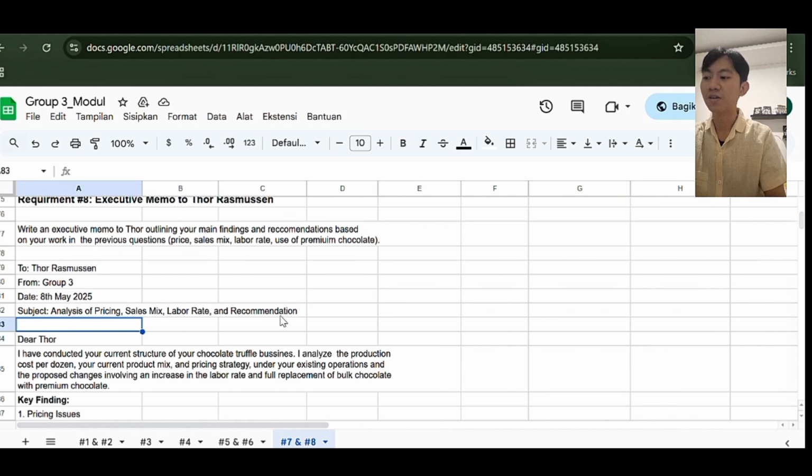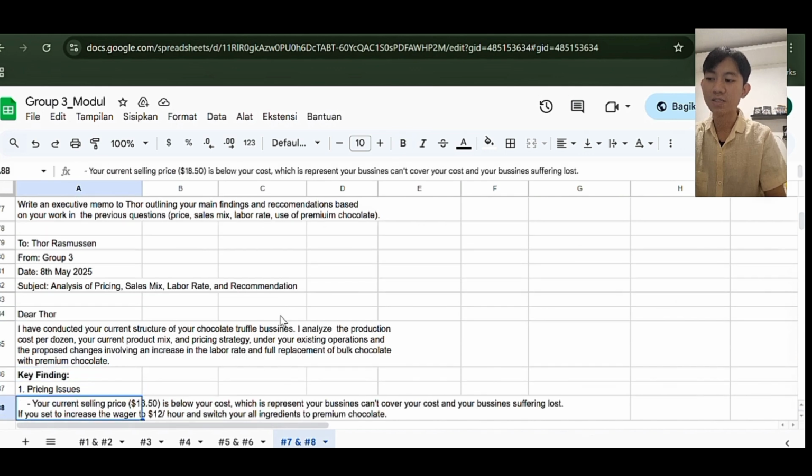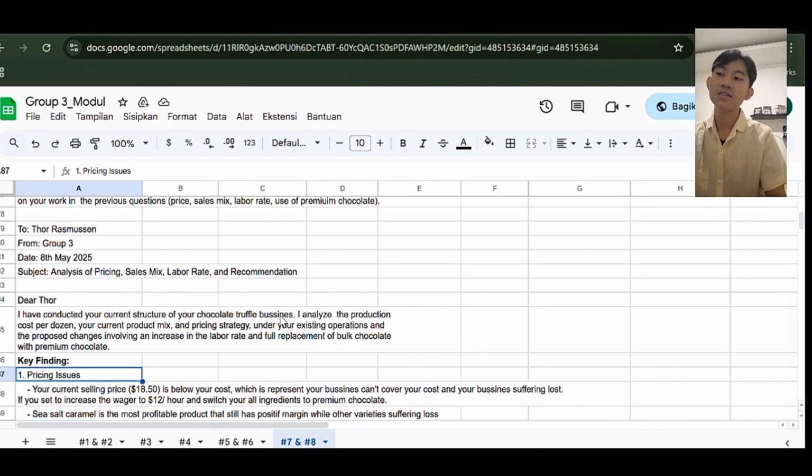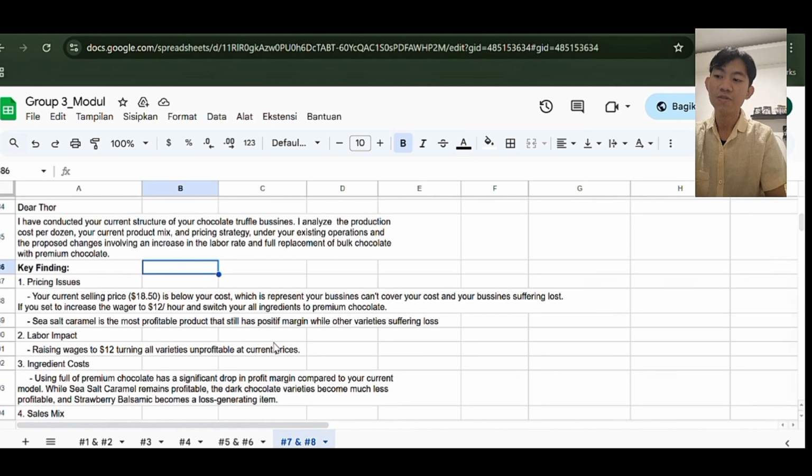The key finding is the pricing issue. Your current selling price of 18.50 is below your cost, which means your business cannot cover its cost and is suffering a loss.